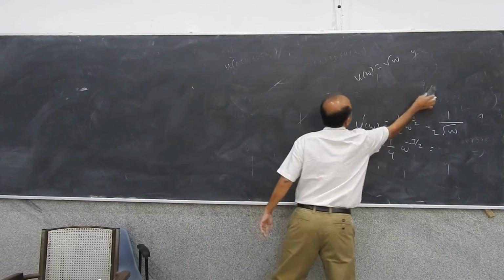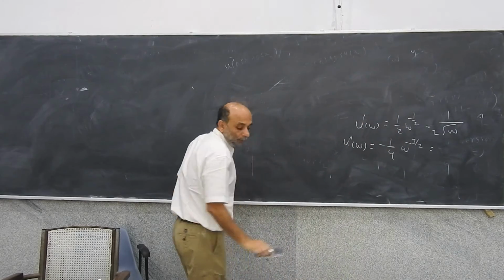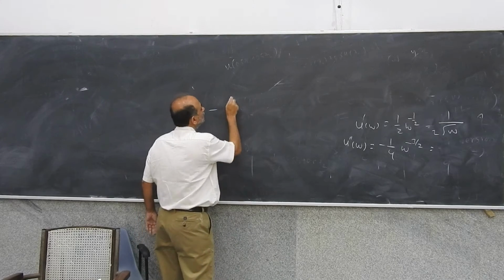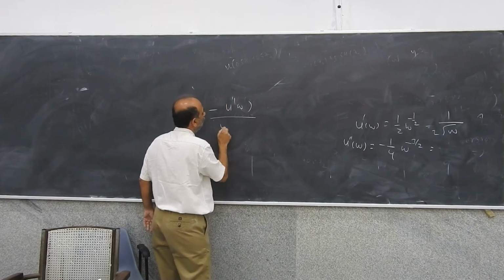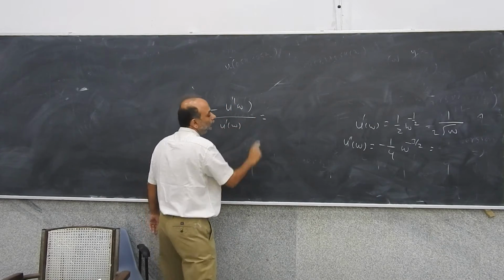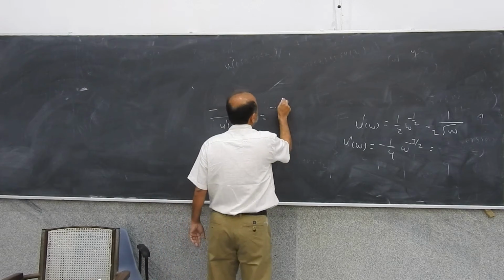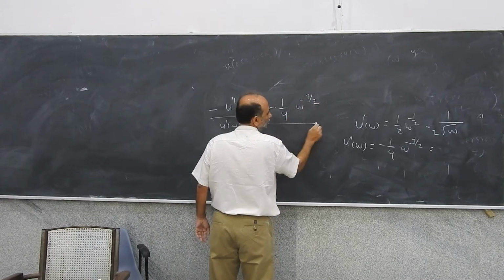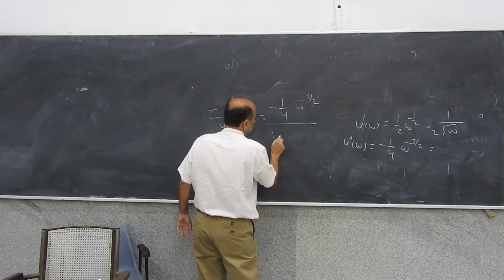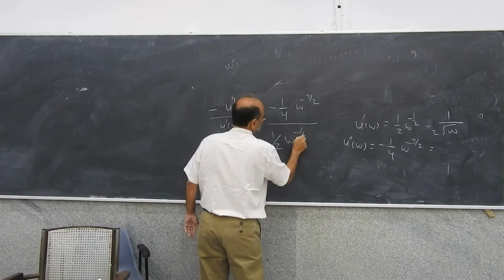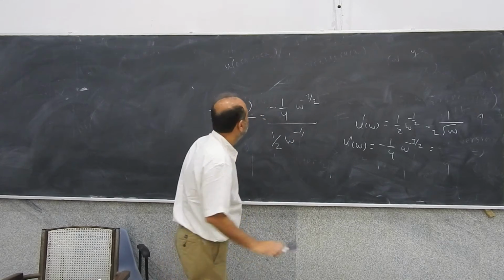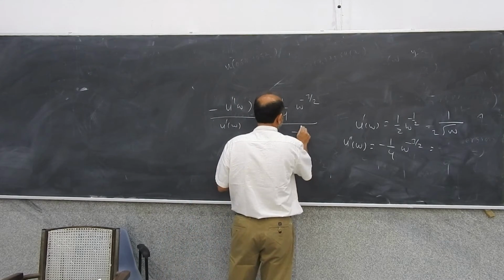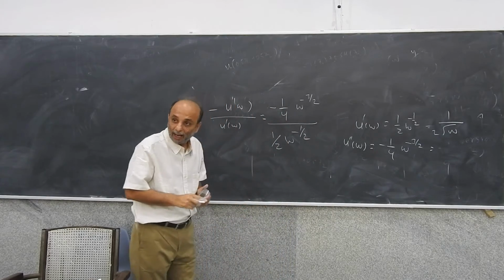Okay. So what do you now have to do? To get the measure of risk aversion, you must get minus u double dash of W by u dash of W, which is minus, on W raised to minus half.